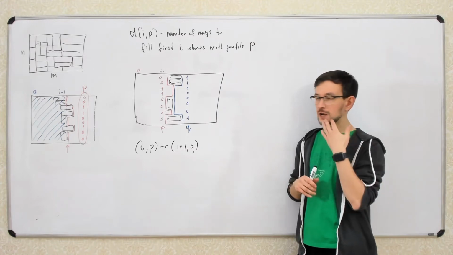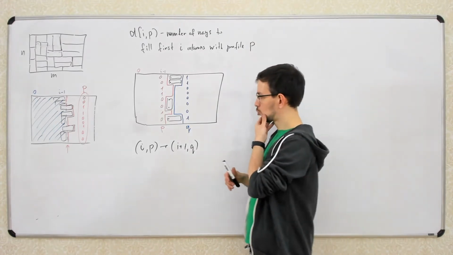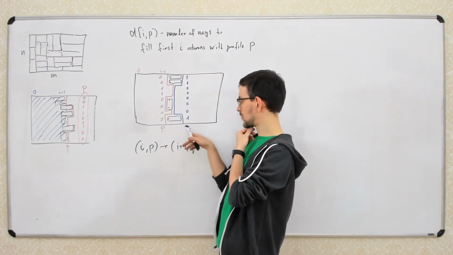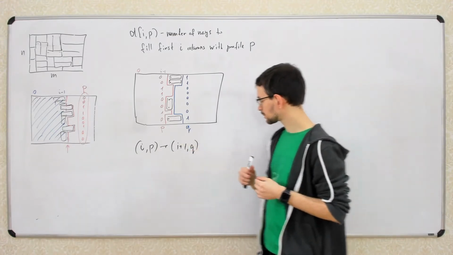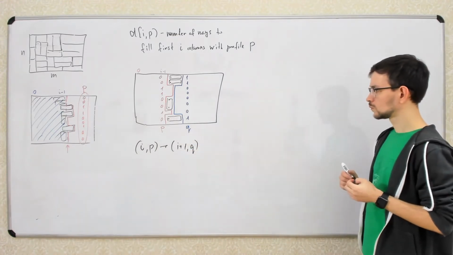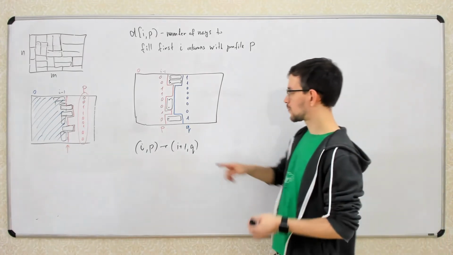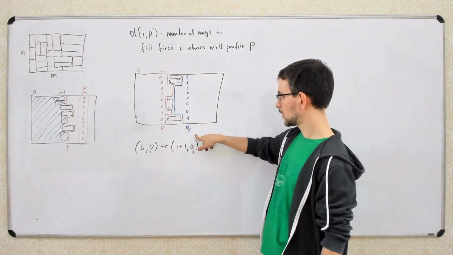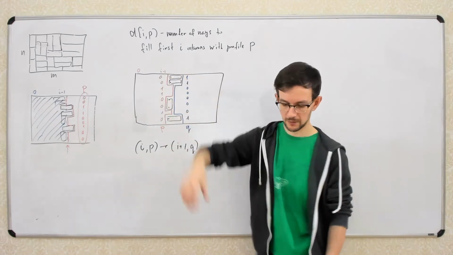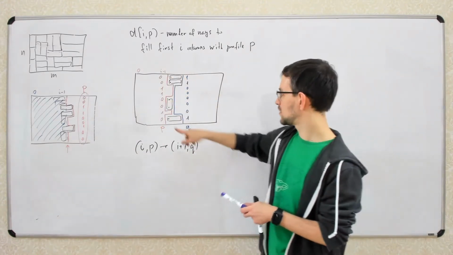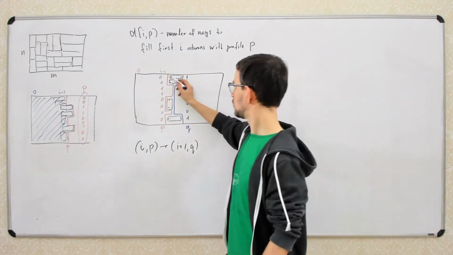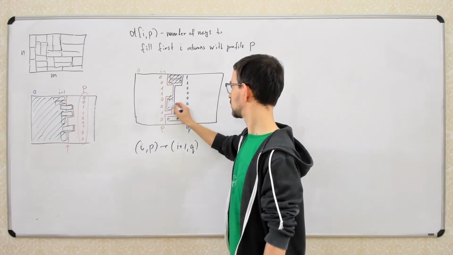Now, how to check if it is possible to go from profile P to profile Q? It's actually simple. If you have profile P and profile Q, you have some space between them. So if you fix 2 profiles, you have all this space between them.